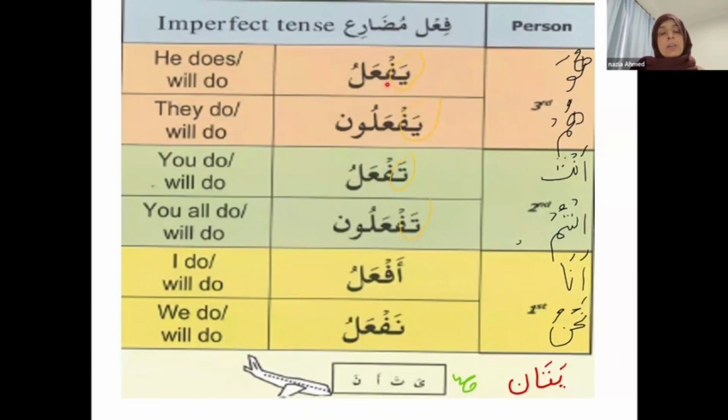Okay, you take this fa ain lam, and for a third person you add, for huwa. Remember huwa, hum, anta, antum, ana, nahnu. So for huwa, third person, your index finger, which is he, we're going to add ya. Because we're adding ya, fa will get sakoon or jazm. Yaf'alu. Letter ain will get fatha in all situations, and letter lam will get dhamma in all situations.